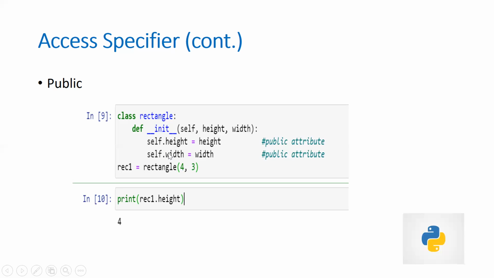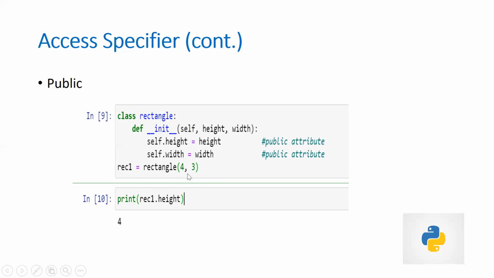All the information can be accessed outside this class. So outside this class I write rect1 equal to rectangle and pass whatever I want. Because it is a public attribute, I can pass whatever value I want.